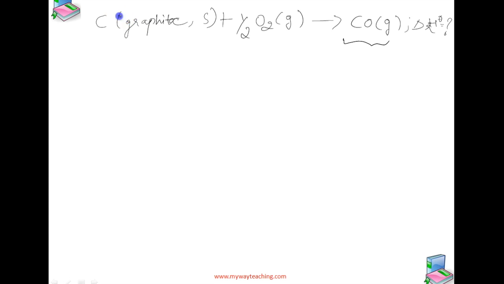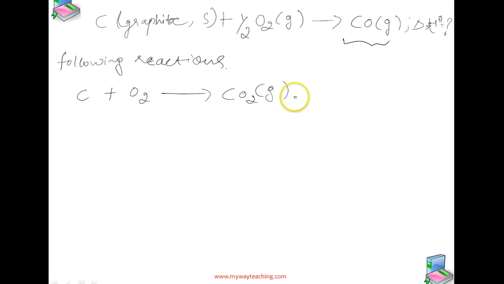Consider the following reactions. Graphite plus oxygen gives carbon dioxide gas, delta RH is equal to minus 393.5 kilojoule per mole.